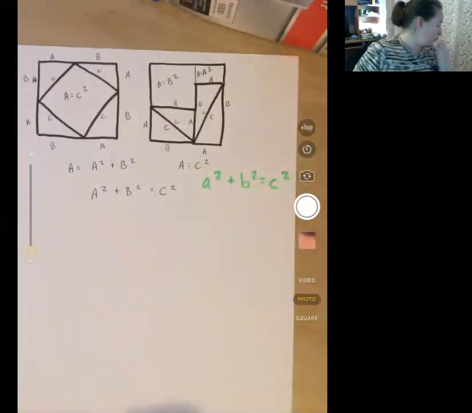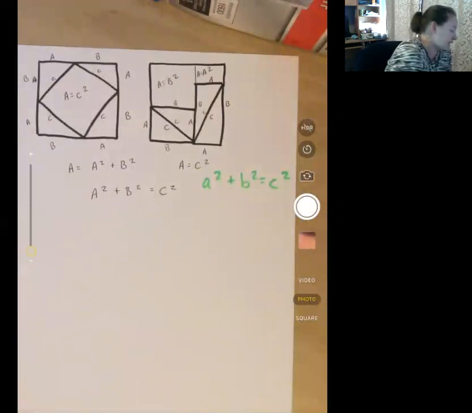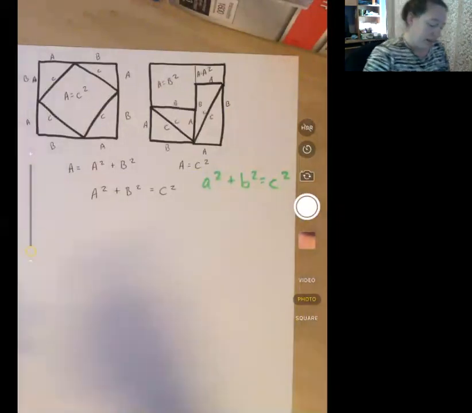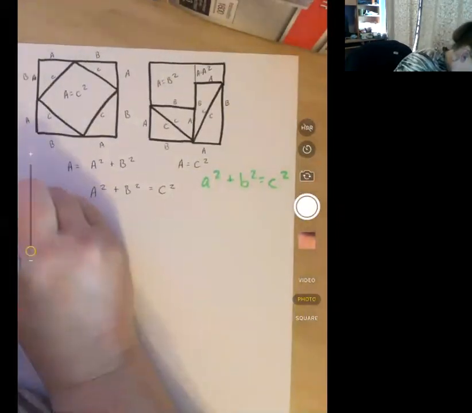378, number 1, explain whether the figures in B and D have the same area. Okay. Number 1, yes.